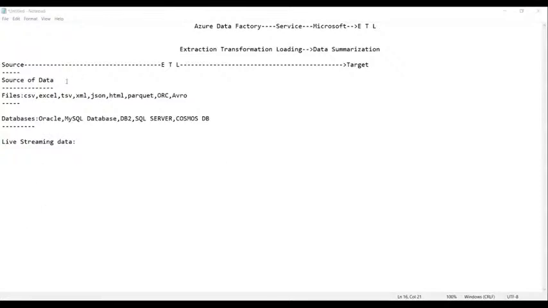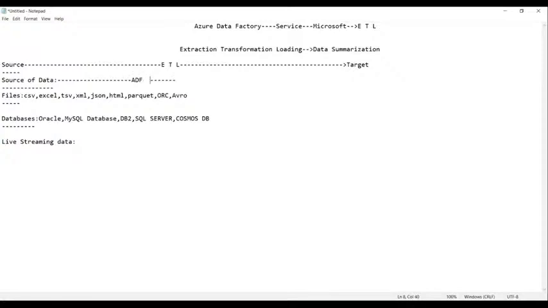Now, further, from the source of data, the data is extracted. On all this data we use ADF, that is called Azure Data Factory.